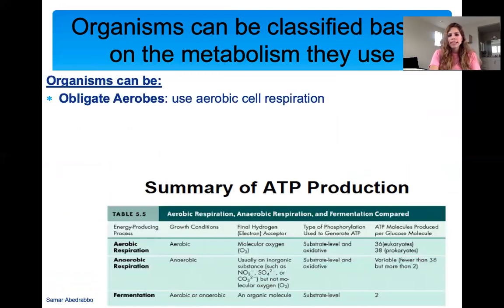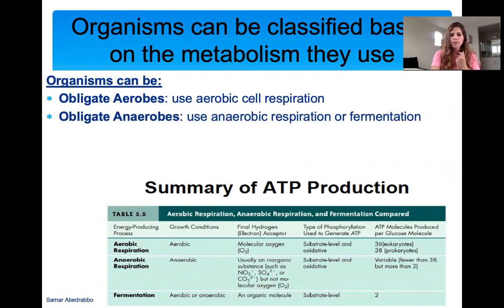And so finally, I want to say that organisms can be classified based on the metabolism they use, and we're going to talk all about this later on. So some microbes we classify as obligate aerobes. If you're obligated to do something, it means you have to do it. So an obligate aerobe can only use aerobic cell respiration out of the 3 respirations we talked about.